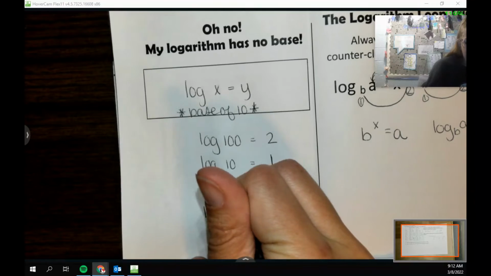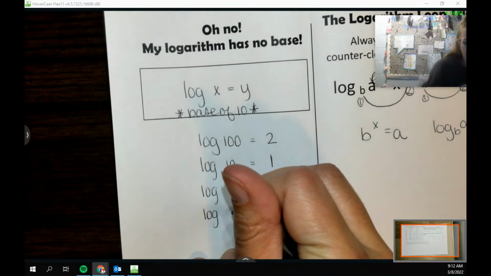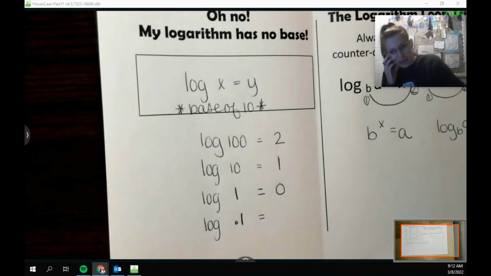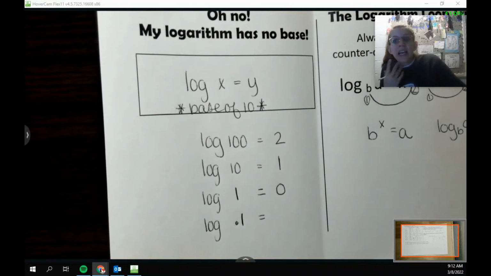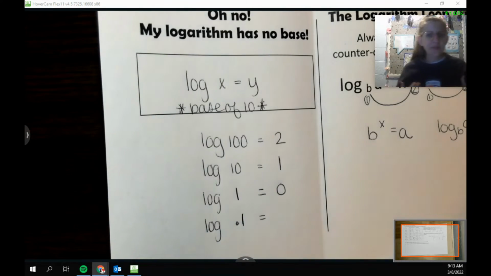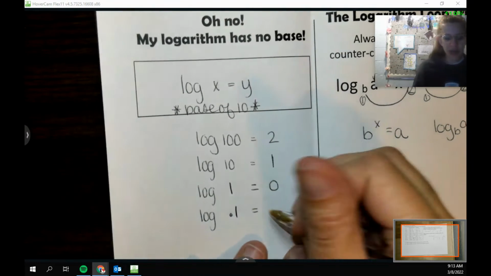If I had something like log of 0.1, which normally I'm not a fan of decimals, but this is interesting to think about because that decimal to me is actually not a decimal. I just make it 1/10 in my brain because it's in the tens position. So we're really 1 over 10. So 10 to what power is 1 over 10? It just flipped, so -1.